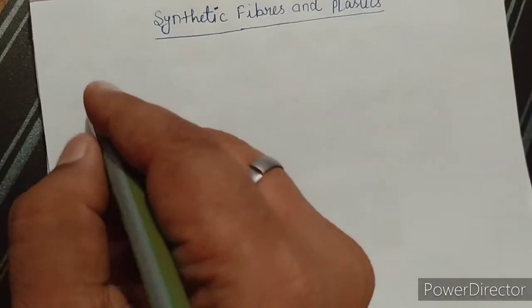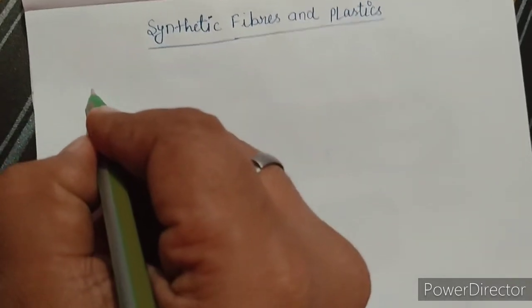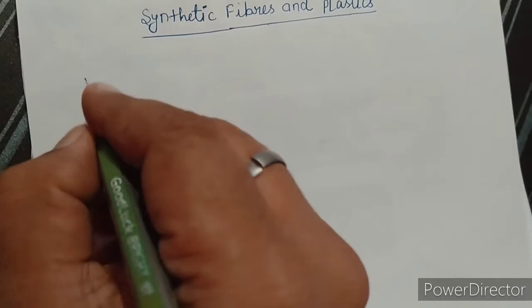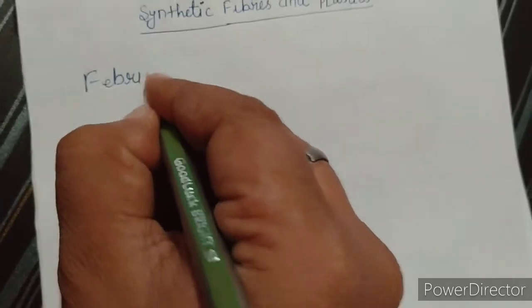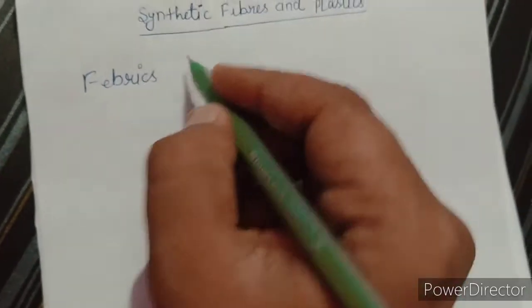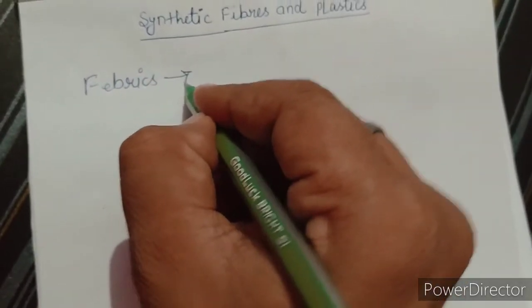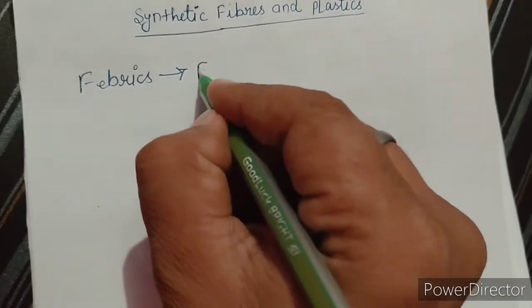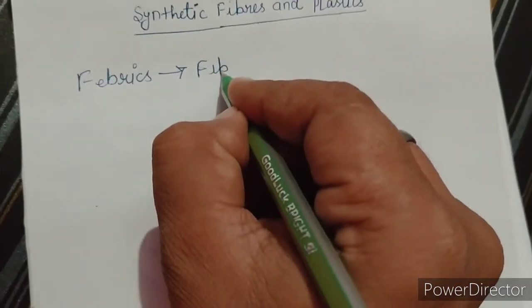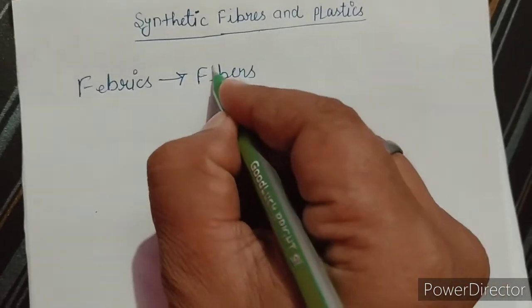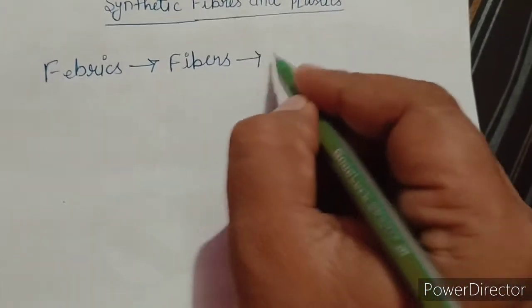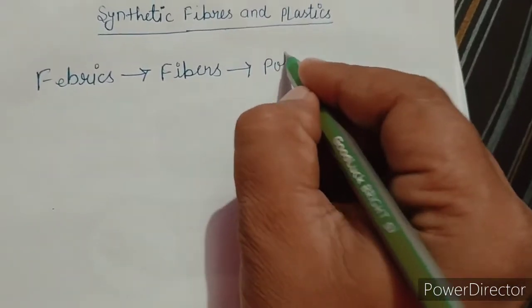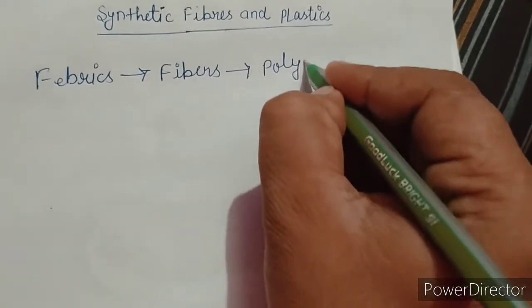So here I am giving it in short. We have discussed that there were fabrics, and we got fabrics from fibers, and we got fibers with the help of polymers.